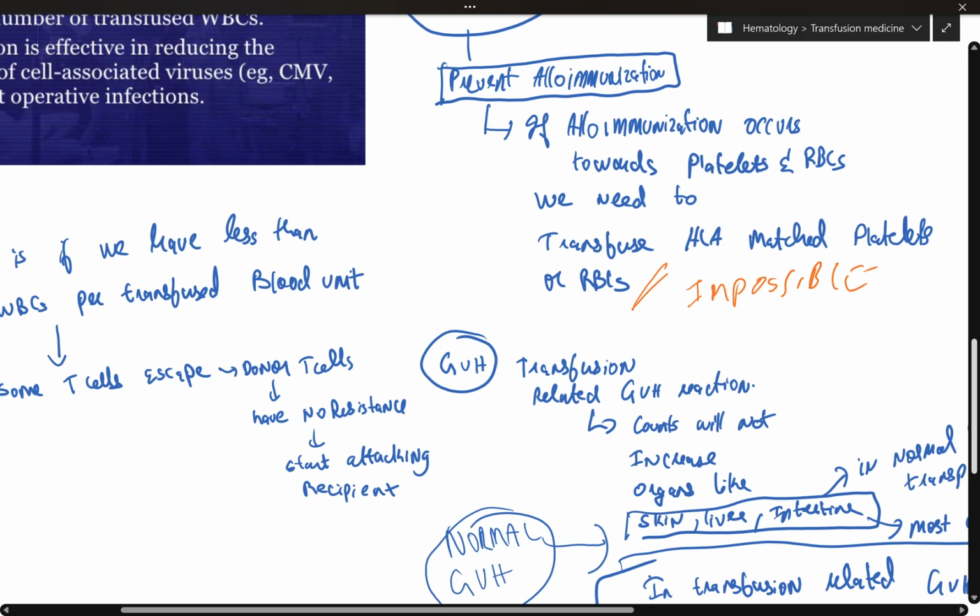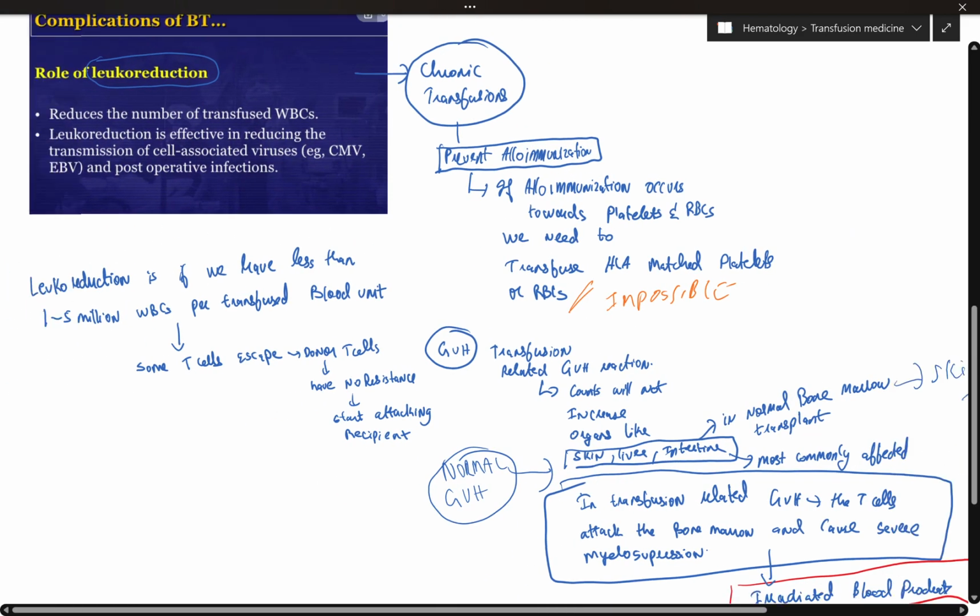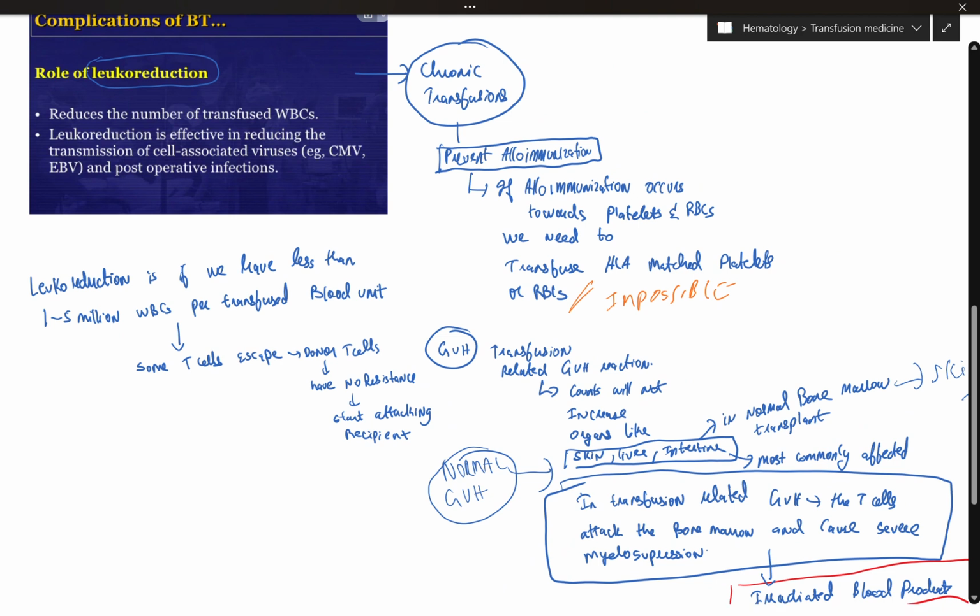So we need to prevent alloimmunization in people with thalassemia major, or someone who needs transfusions throughout life. We would recommend giving them leukoreduced products. Leukoreduction means less than 1 to 5 million WBCs per transfused blood unit, and some T cells escape. Donor T cells have no resistance and they start attacking the recipient. That is what leukoreduction is all about.